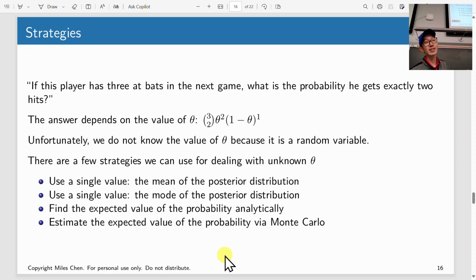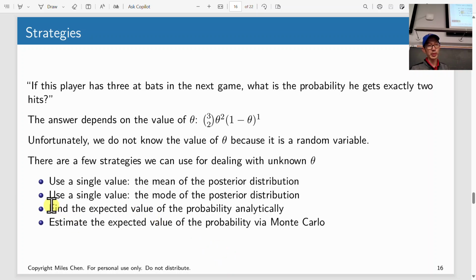And then another is, what if we do an integral, and take the expected value of the entire thing. We will process all the possible values of theta between 0 and 1 and integrate them, weighting certain values of theta more heavily and other values less.